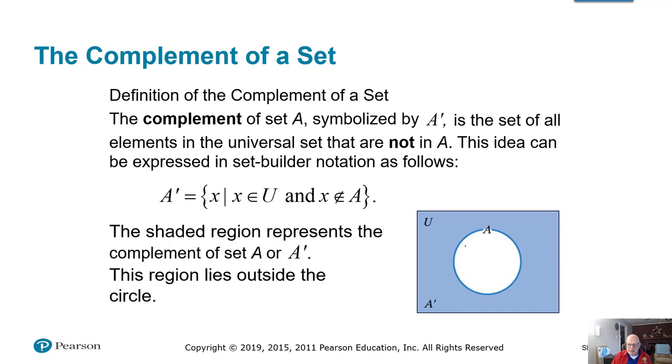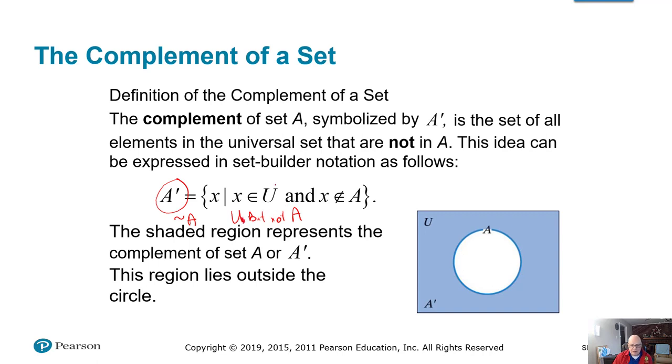Now, some places this might be referred to differently. You might see it referred to like this, not A, which would mean the universe, but not A. Okay, I guess we don't need that part.